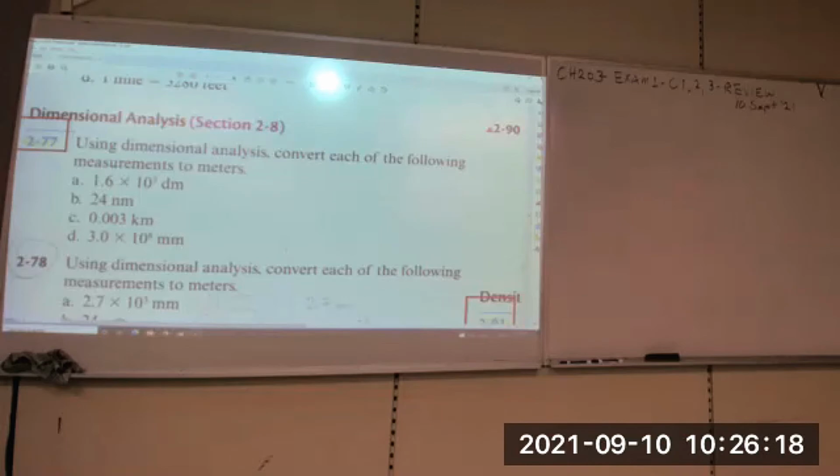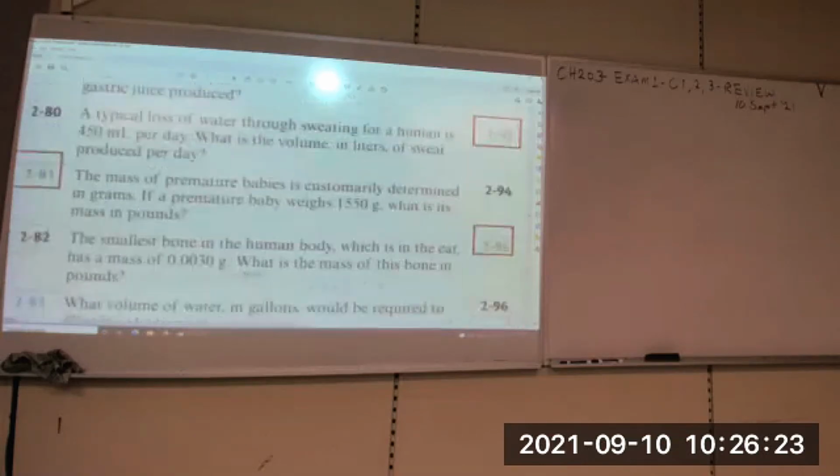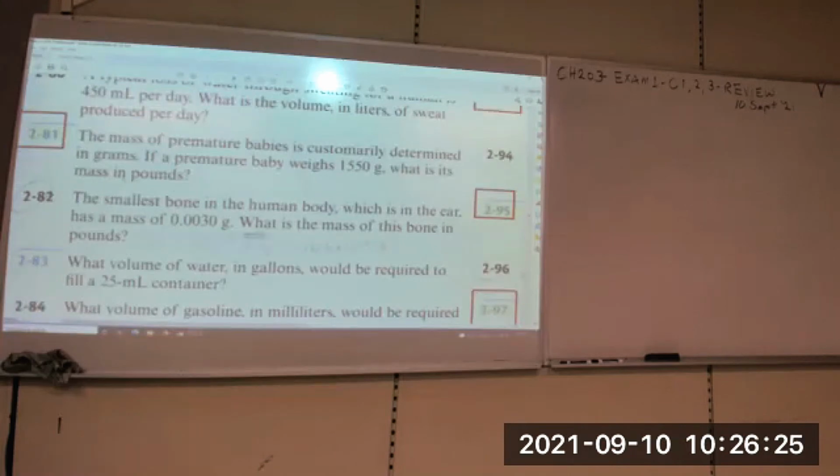Good. Good news. Did you do this one? Convert the mass in grams to pounds. Good with that one? You have to look up the conversion factor though, because it's not given.